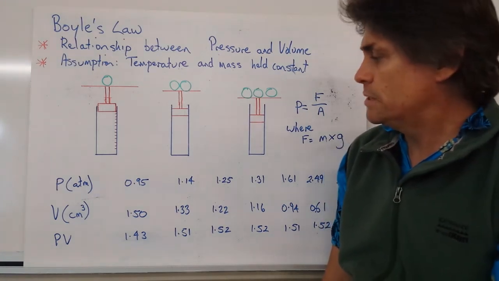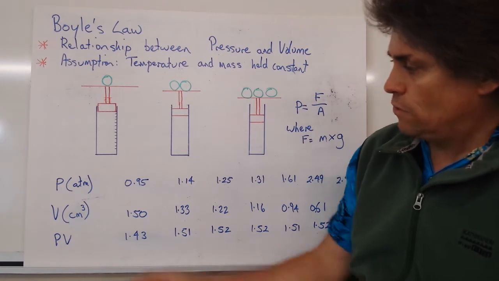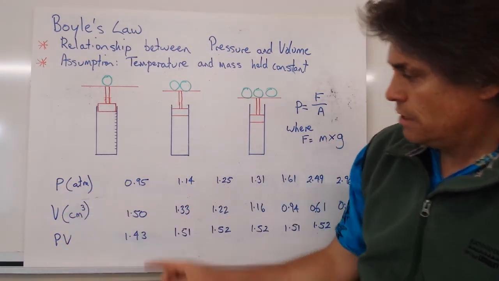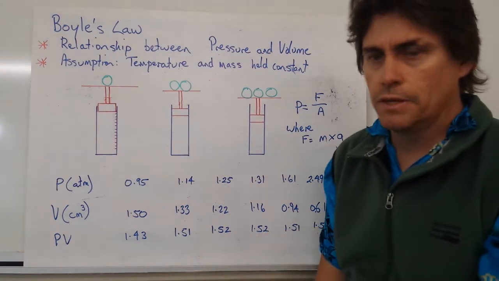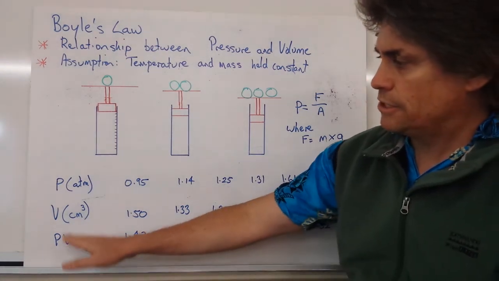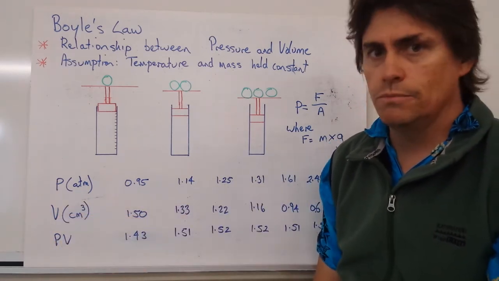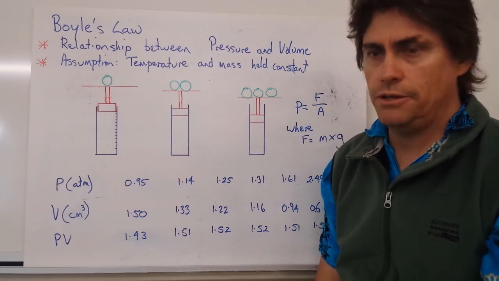Now, there are a few observations that we can make from this set of data. First of all, if we multiply pressure by volume, we find that we get a pretty constant value. That tells us that the relationship between the pressure and the volume for a closed system is that if we multiply them together, we'll get a constant value.